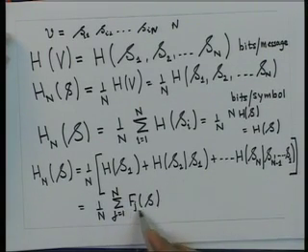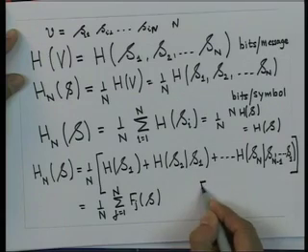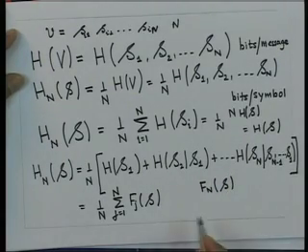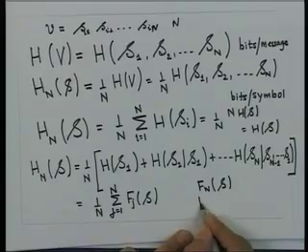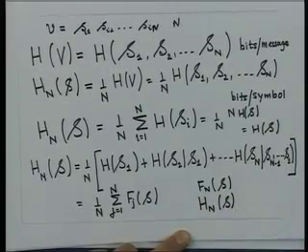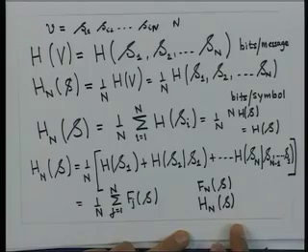Now, as was the case for Fn(S), we can similarly show that H_N(S) is a monotonic decreasing function of N, and it will be interesting to find that the limiting value of H_N(S) turns out to be the same as the limiting value of Fn(S).